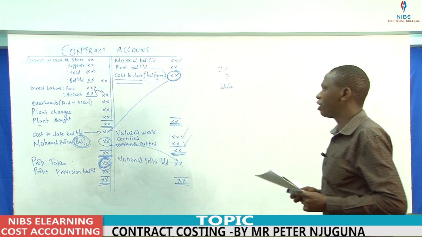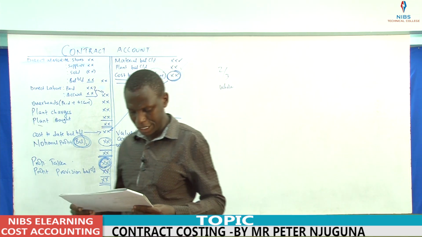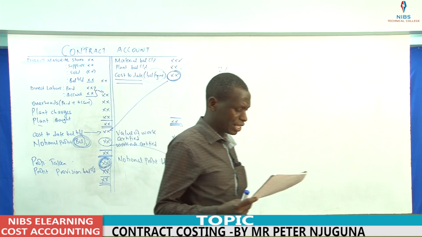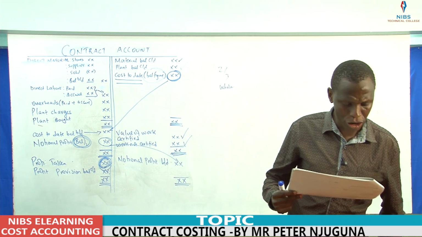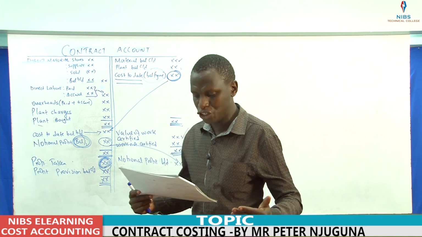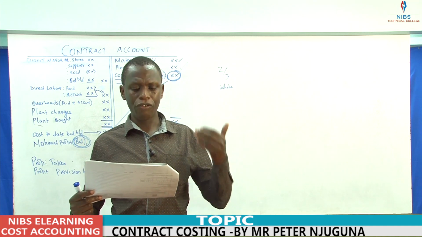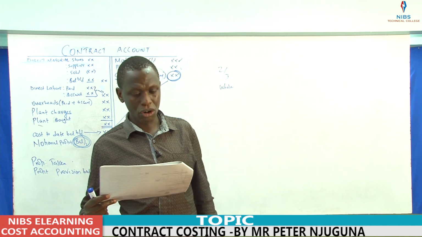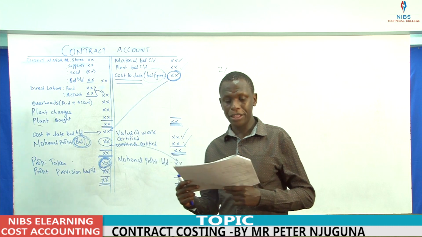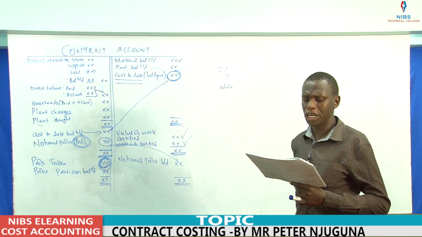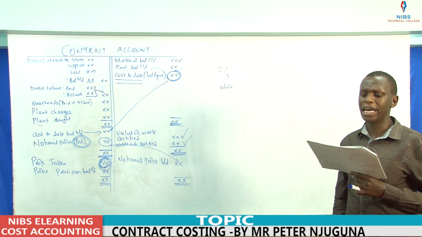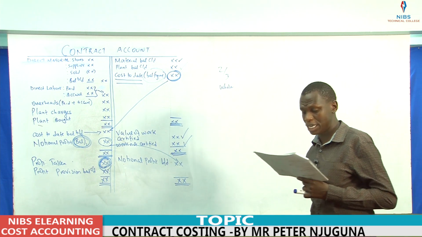Let us go through the information together and then see what is required of us. So we are told this: Mafundi Contractors is engaged in the construction of a library complex in a college. The following information is available for the year ended 31st December 2013.